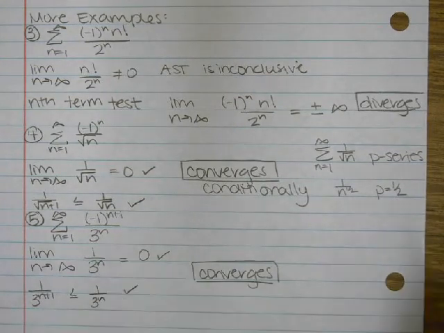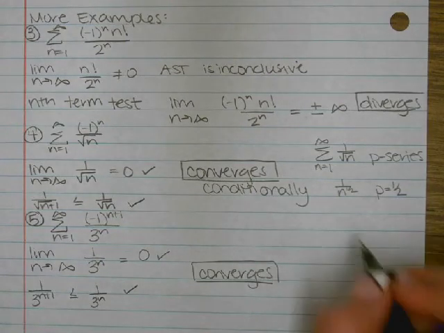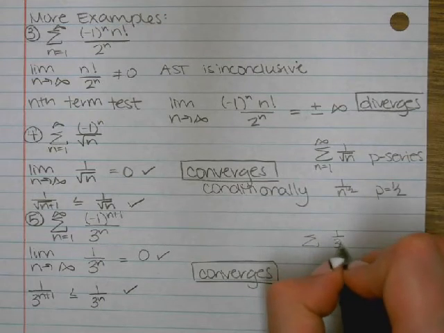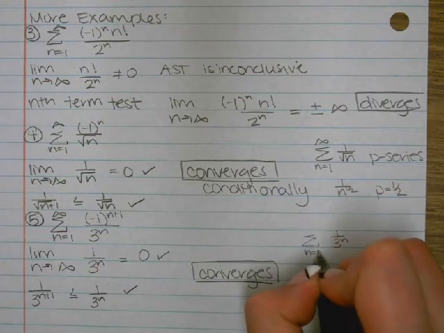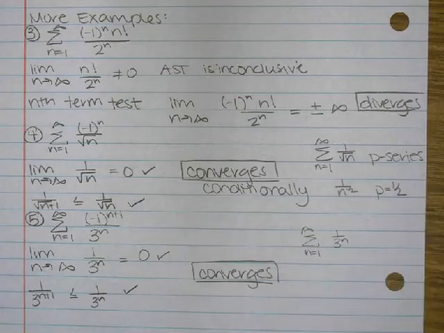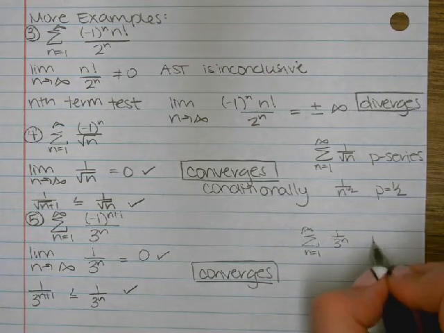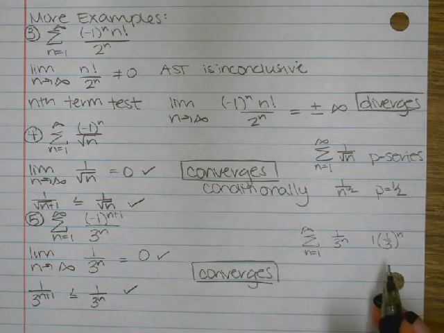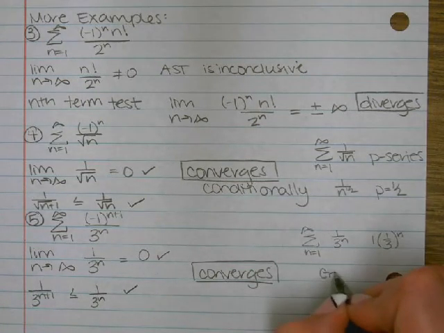And then we want to consider the part of the series that's not alternating and see if this is a conditional convergence or an absolute convergence. So now I'm going to consider 1 over 3^n, just that series right there. And if you recognize this is a geometric series, it's like 1 times (1/3)^n.